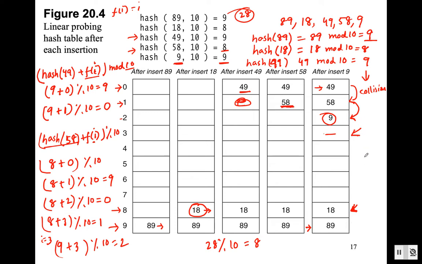That will also take 4 probes. So looking for 9 takes 4 probes, and looking for 58 takes 4 probes. You can see that here also the runtime to search for an item, for successful or unsuccessful search, is not order of 1; it will be more than order of 1.